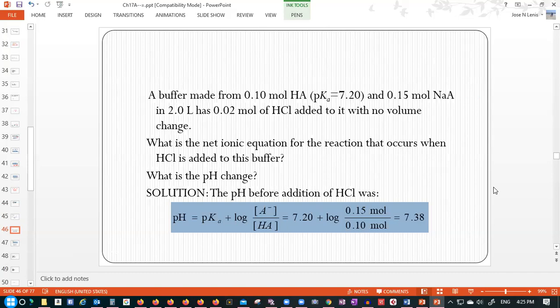And 0.15 moles of NaA, that's the salt, containing the conjugate base of the weak acid HA in 2 liters. And somebody added 0.02 moles of hydrochloric acid, a strong acid, assuming there's no change in the volume, so the concentrations don't change.